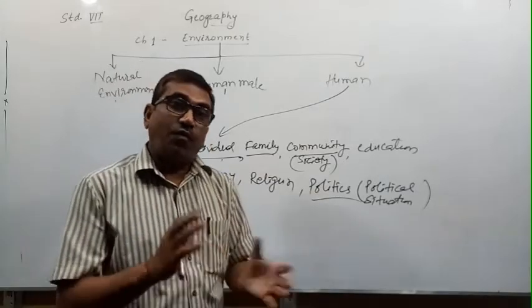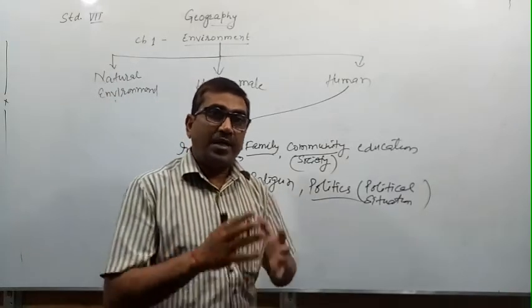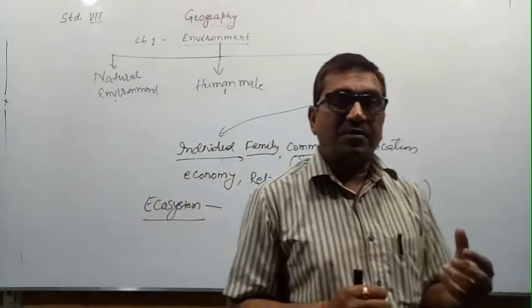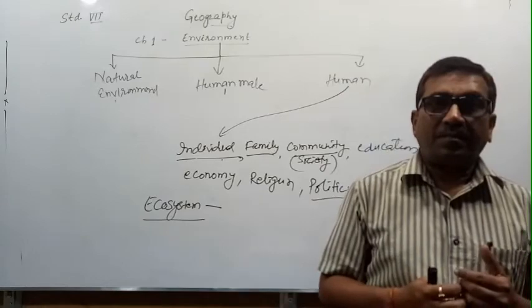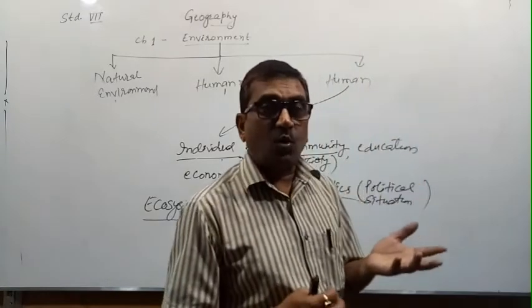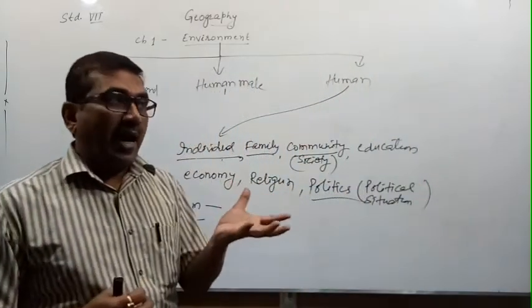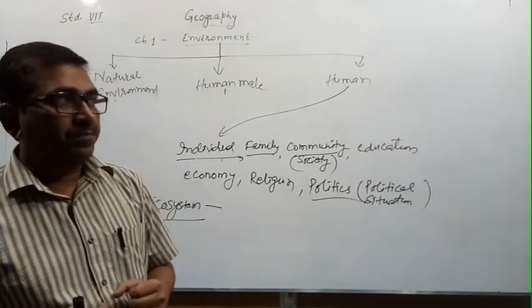वहाँ का कल्चर अलग. फॉरेस्ट भी कई प्रकार का होता है. Dense forest, evergreen forest, different types of animals, different types of plants are grown. Mostly arboreal animals are found over there.